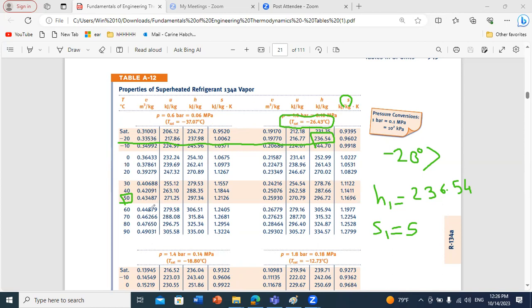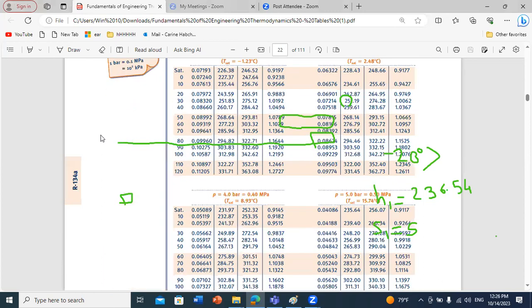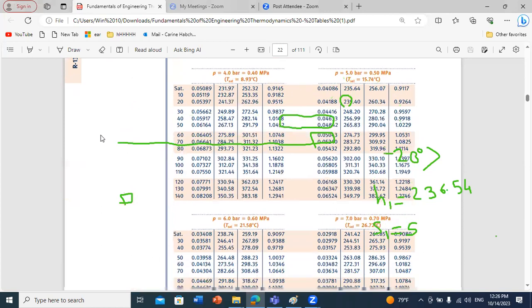So if they tell you the exit pressure is 800 kilopascal and the temperature is 50 degrees, you should go to the pressure of 8 bars. If we continue here and go down, we search for 8 bars.